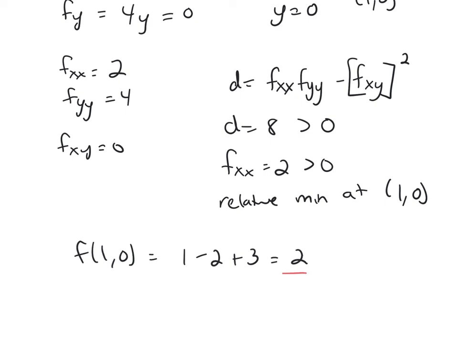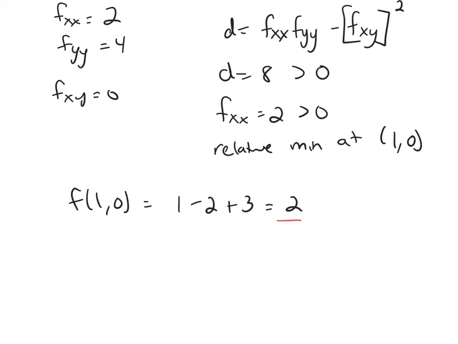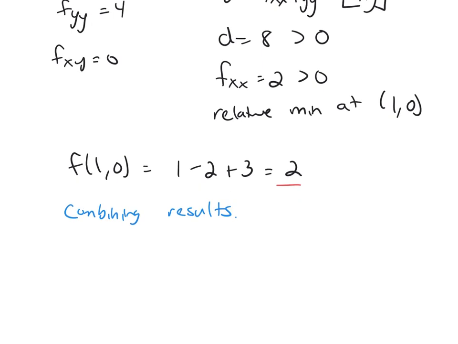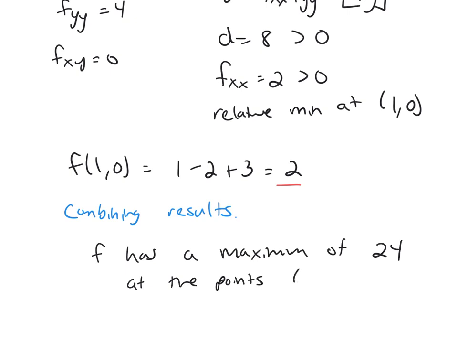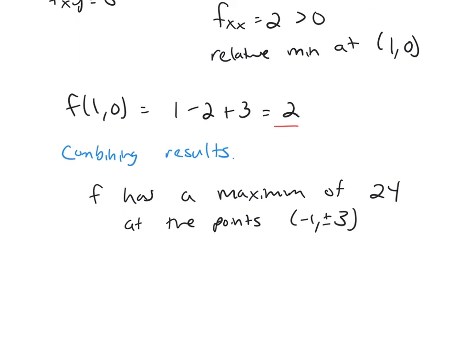Now you're going to compare the values you got in the first part and the second part. Essentially what we're doing is combining results from both parts. You'll see that f has a maximum. The largest value I got was 24, and it occurred twice, at the points -1, plus or minus 3.